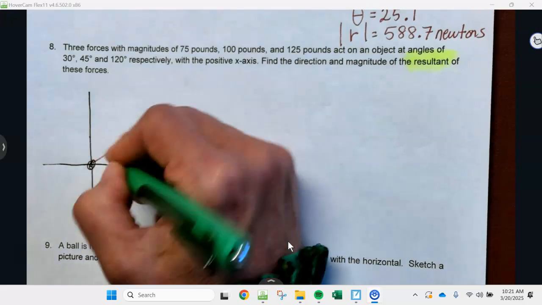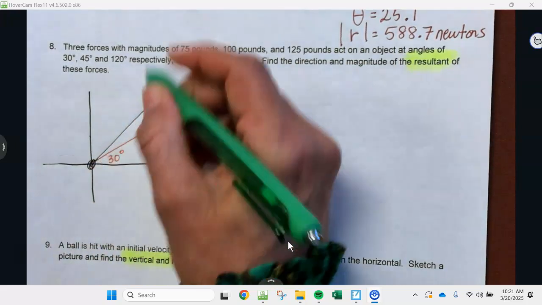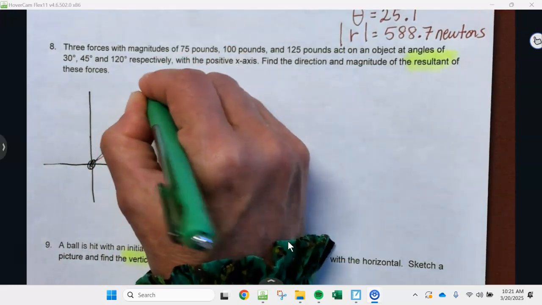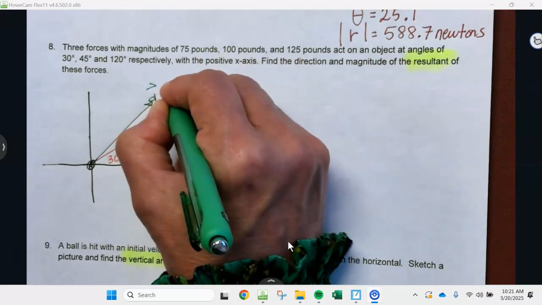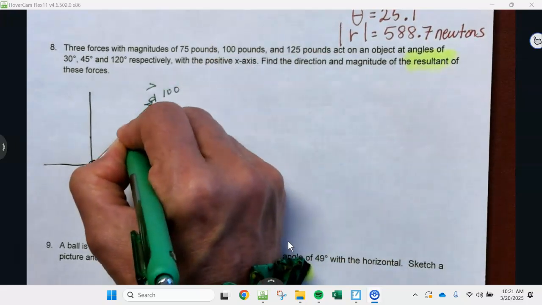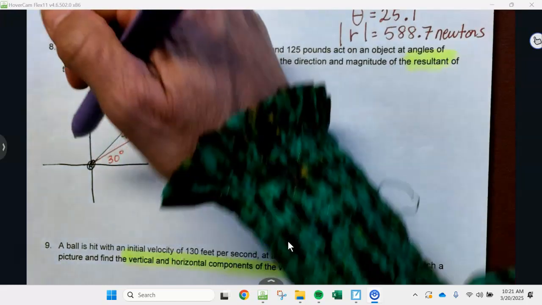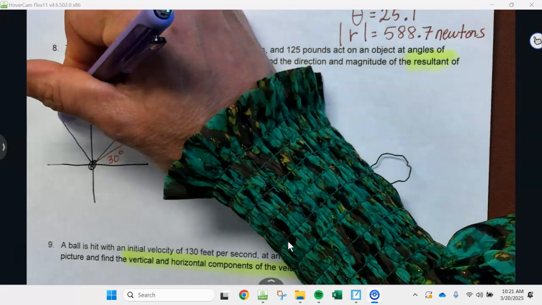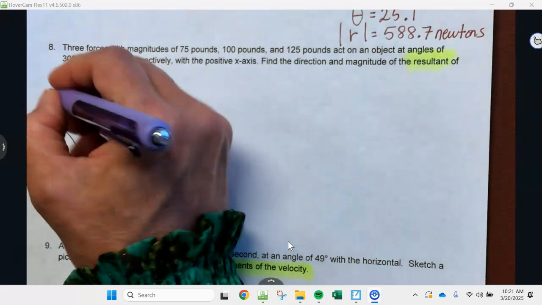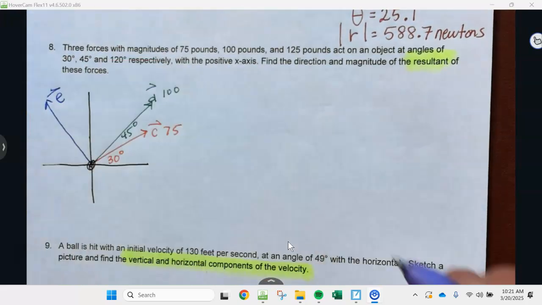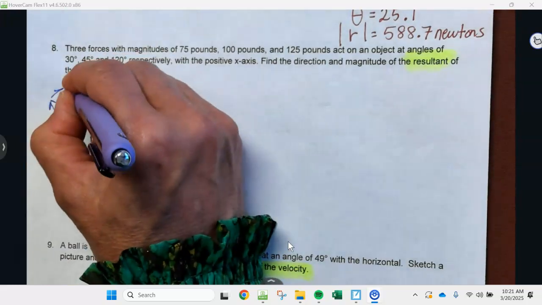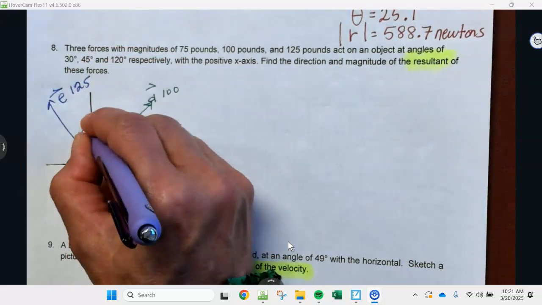The next one will be vector D, and that one has 100 pounds, and that's 45 degrees. And then our last vector is going to be vector E. It's over there in quadrant 2, and it has a force of 125. And remember, it's at 120.